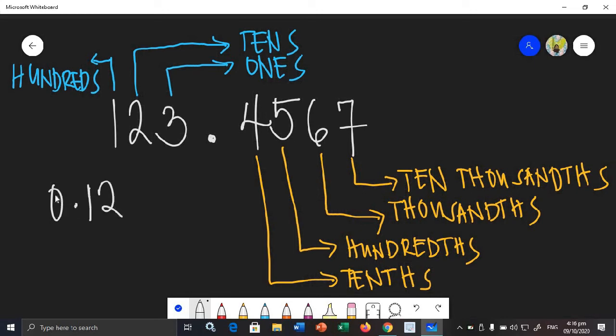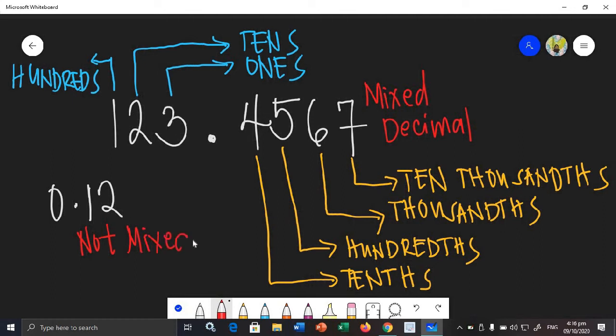Hindi siya mixed decimal kasi wala siyang whole number na nakasama dito or walang value yung left side ng given. Okay? So, this is an example of a mixed decimal. Para lang din sa fraction yung may whole number na kasama. And this is not a mixed decimal.